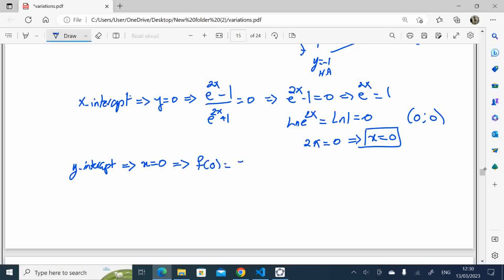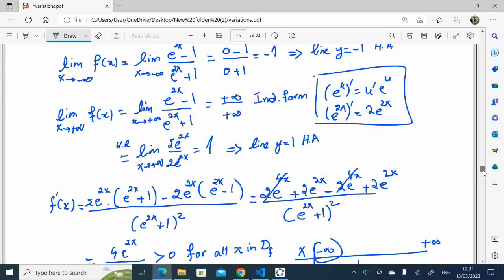We are going to get e to 0 minus 1 over e to 0 plus 1, which means 1 minus 1 over 1 plus 1, which is 0. Hence we get the same point (0, 0). So now we have all the points we need to draw the graph for this function.